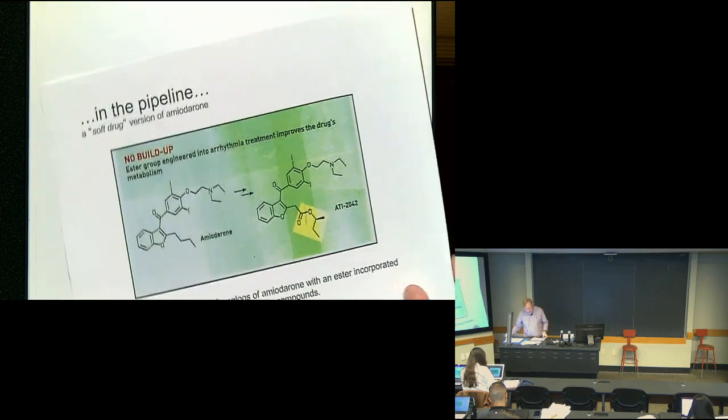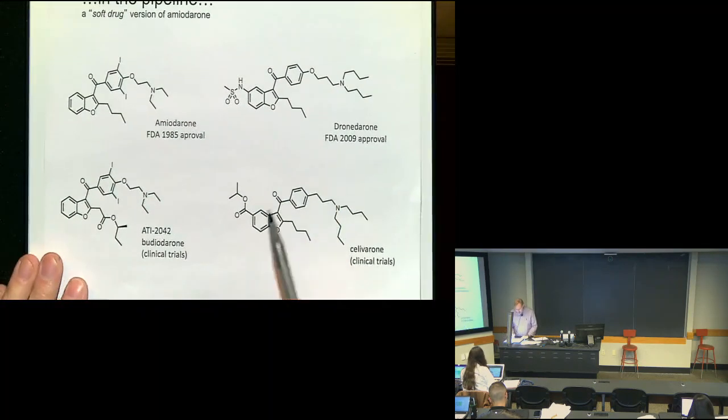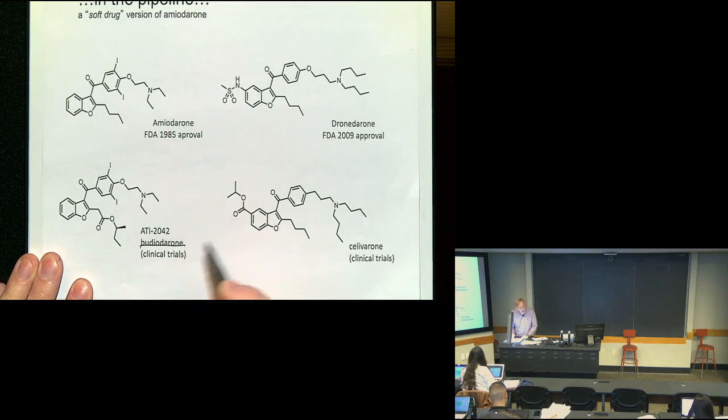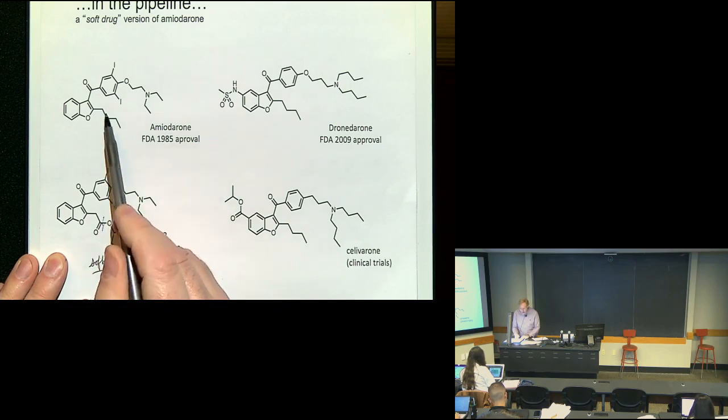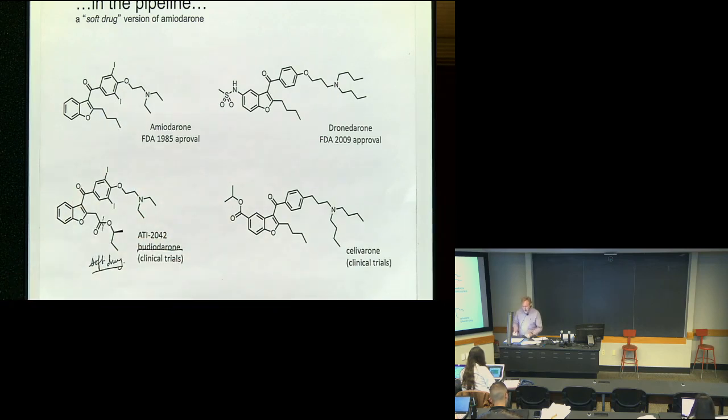Now this is an in-the-pipeline drug. It's in clinical trials now. It's been given a name, butyrodarone, but it has this ester here that's sort of that soft drug design to get rid of that hydrophobic group that's important for binding.